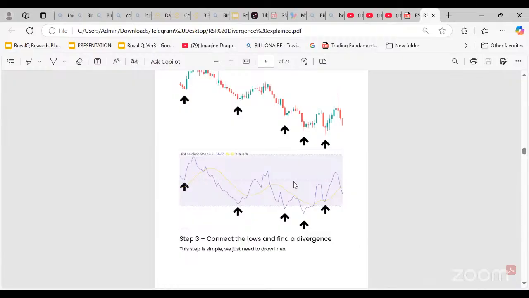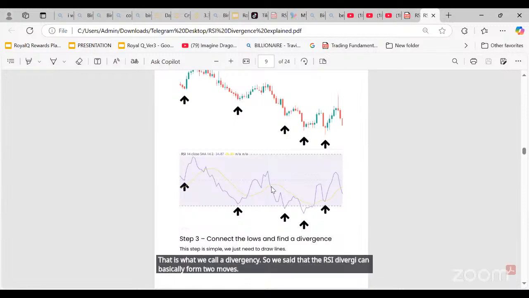If these two are not moving correspondingly, that is what we call a divergence. So we said that the RSI divergence can basically form two moves.